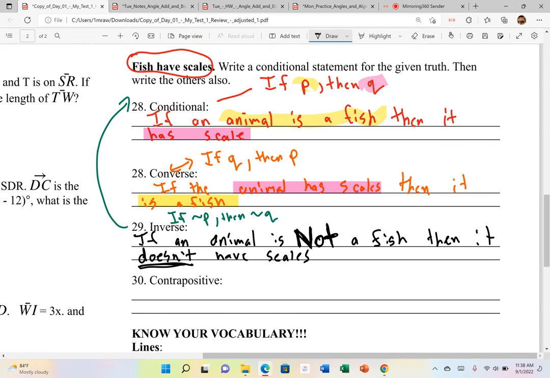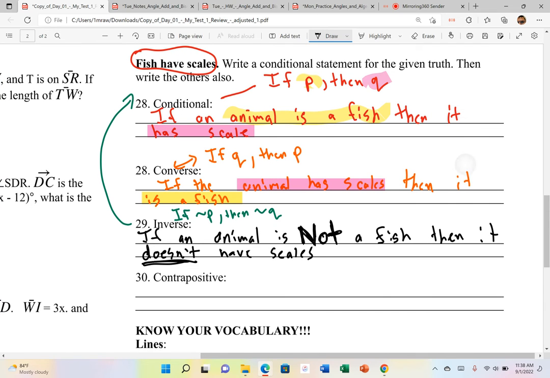And you notice here I'm trying to make emphasis on the negations, right? Because that's what the inverse does. Okay, because the inverse is all about the negations.